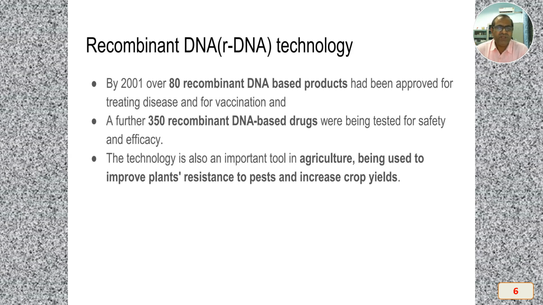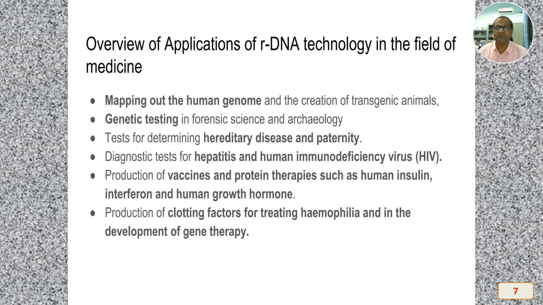A further 350 recombinant DNA based drugs were being tested for safety and efficacy. This technology is also an important tool in agriculture, being used to improve plants' resistance to pests and to increase crop yield. Then there are different applications of recombinant DNA technology in genetic engineering, heredity, and genetics and breeding.